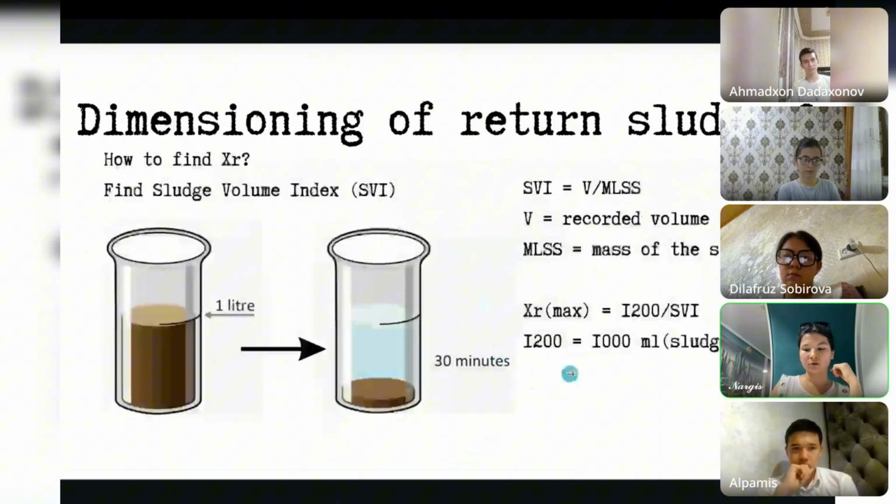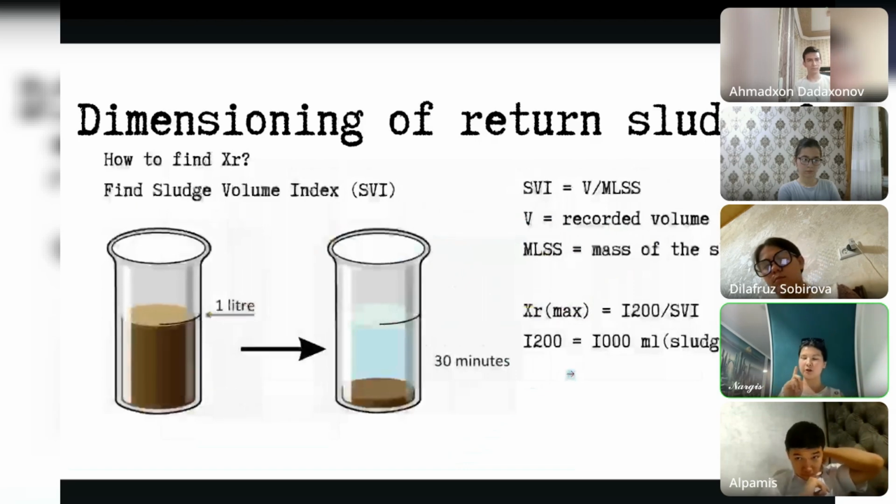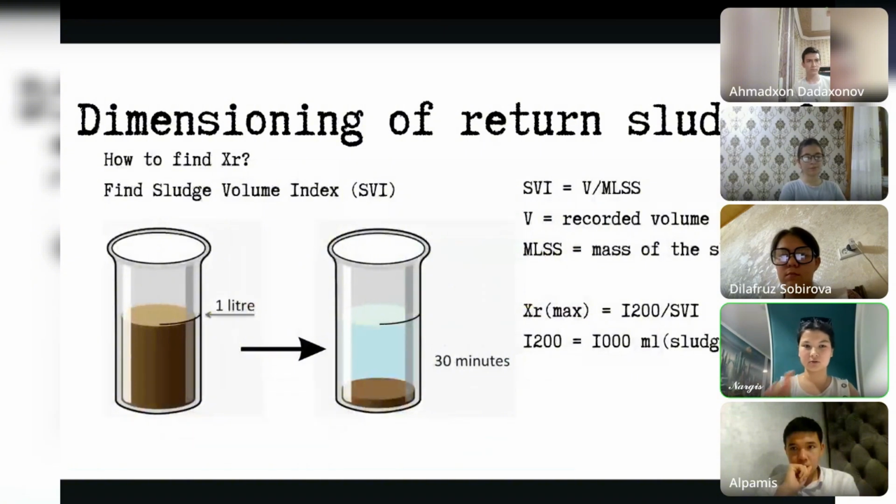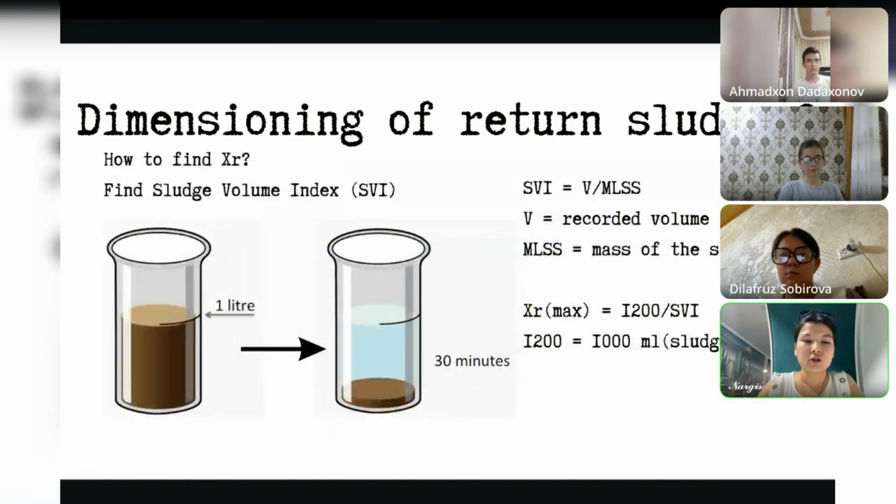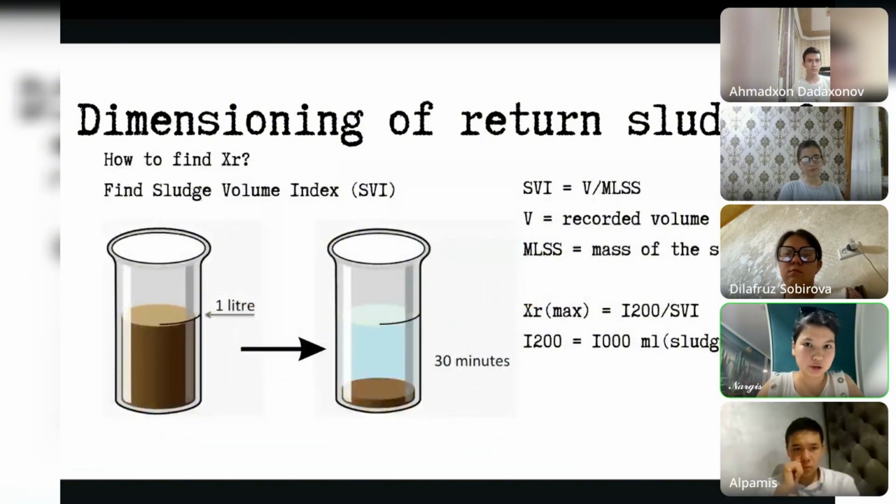Yes, so there is a mix-up. If you are going through your own slides, go to the pre-last one. So here. There is a certain procedure in order to find this XR. And again, reminding, XR is the concentration of bacteria in the return flow, right? So how do we do it?